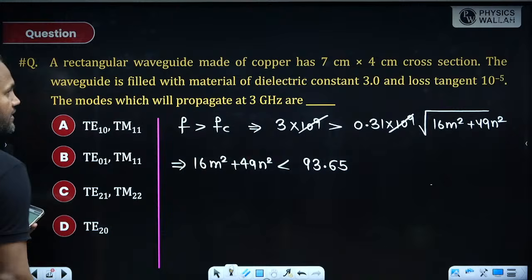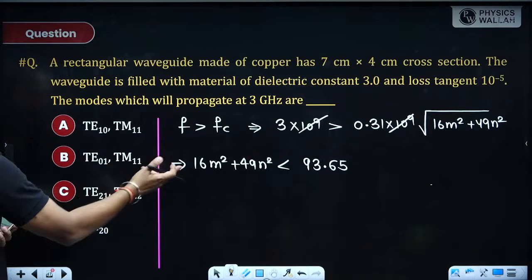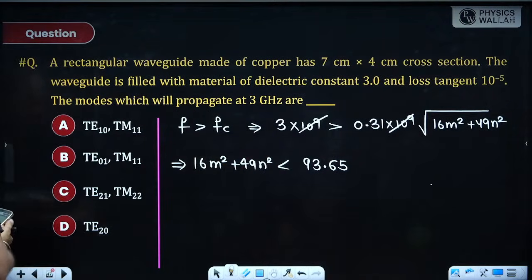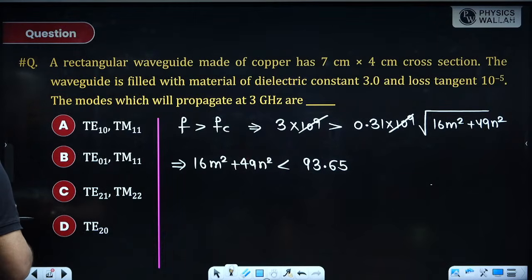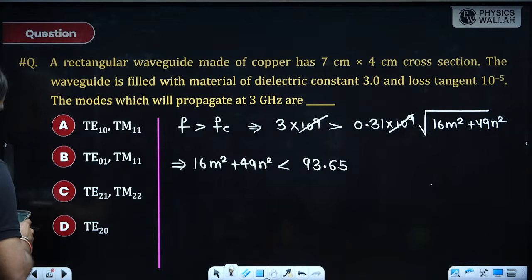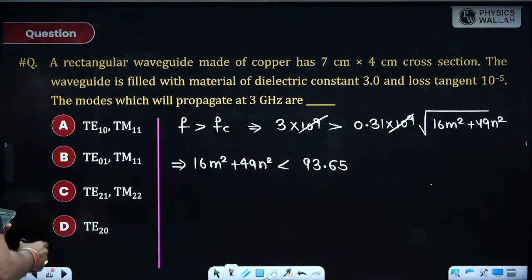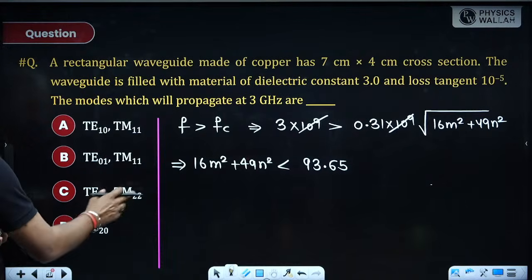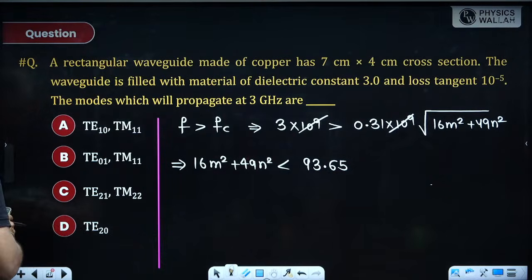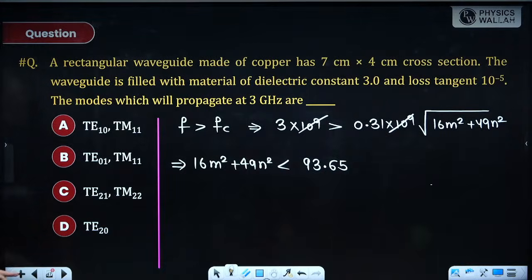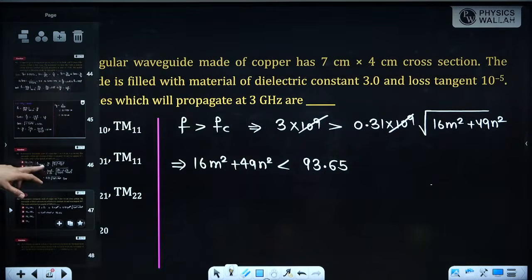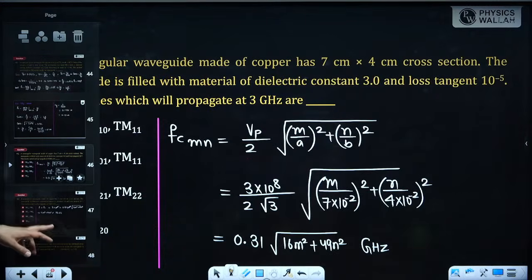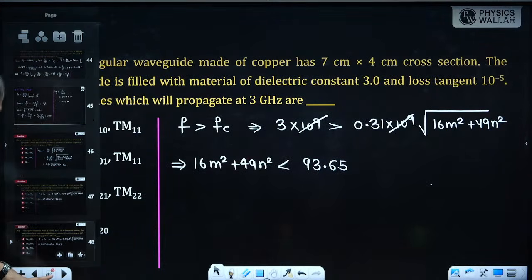Yes, it is satisfying. 0, 1, 49 is satisfying. 2, 1: 4 into 16, 64 plus 49, it will be 113, no, it is not satisfying. 2, 2, not satisfying. 2, 0: 64, it is satisfying. So I will check the value for each and every case.